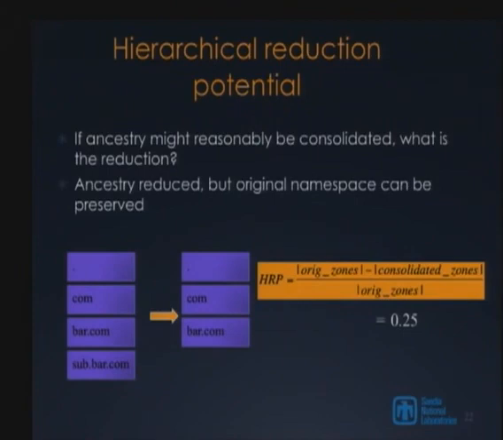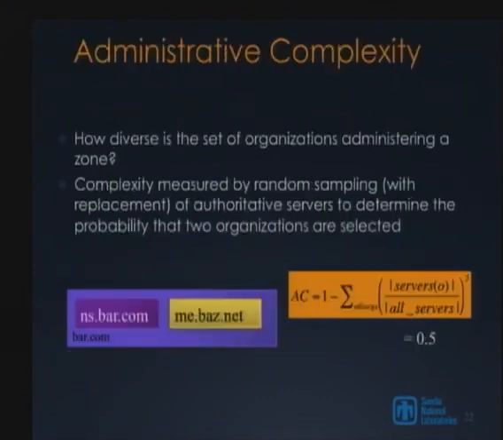If you're really running both the bar.com and sub.bar.com zones, and you just have these 2 different zones for administrative reasons, could you feasibly roll those into one, so that www.sub.bar.com was actually in the bar.com zone? That eliminates another place where things can go wrong, and in this particular case the reduction is 0.25.